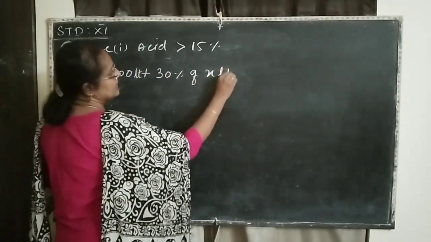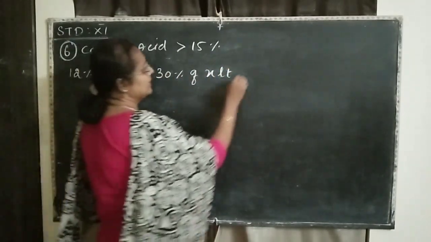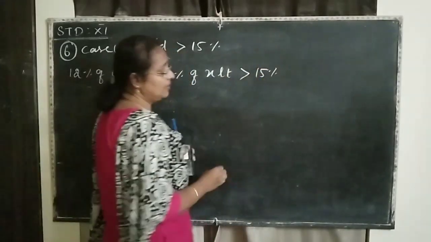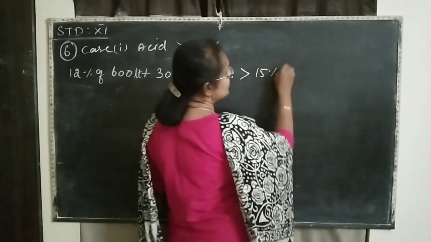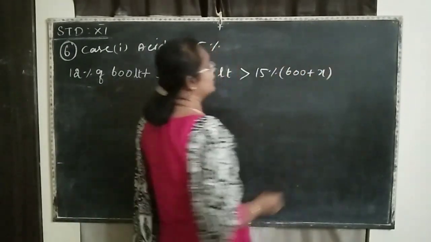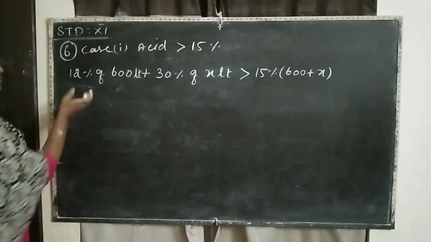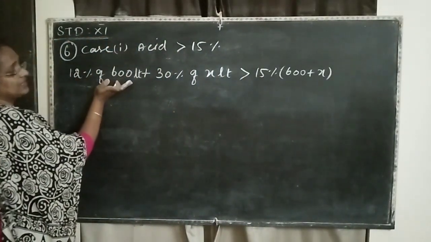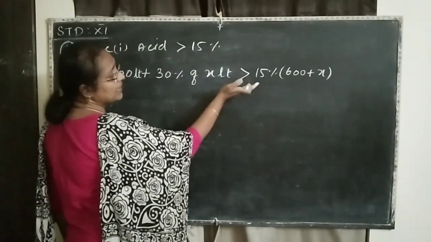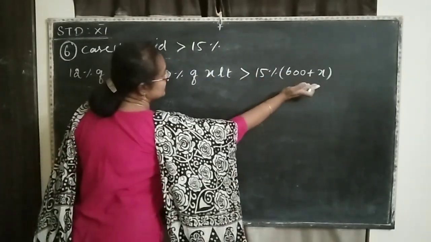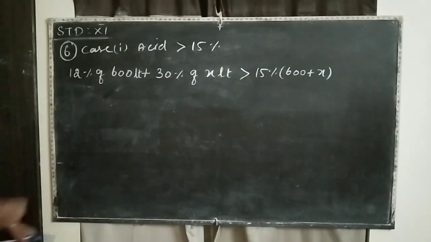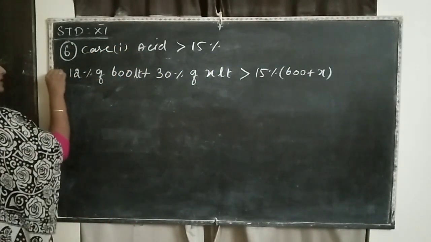Yes or no? இப்போ இது ரெண்டும் சேர்ந்து it should be greater than 15% of மொத்த resulting solution, 600 + x. Do you agree this? Yes or no? So 12% of 600 liters கூட 30% of x liters add பண்ணும்போது வரக்கூடிய resulting mixture 600 + x இருக்கும். அதோட acid level it should be greater than 15%. This is very important.